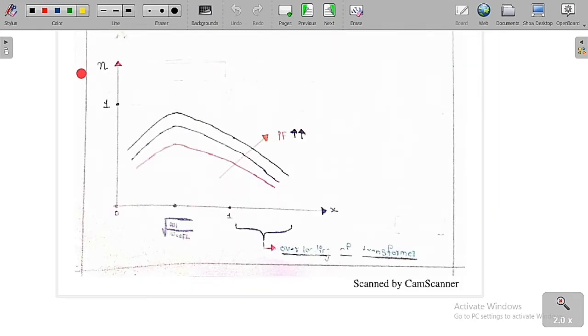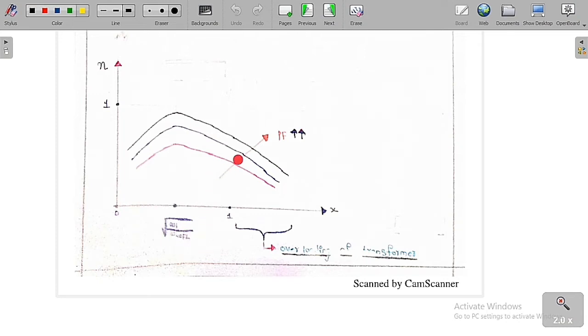Now if you draw the graph between the efficiency of a transformer and the value of X, for a given value of power factor, you are going to get a curve like this. At this point the maximum efficiency occurs, which is at X equal to under root of iron loss by copper loss at full load.